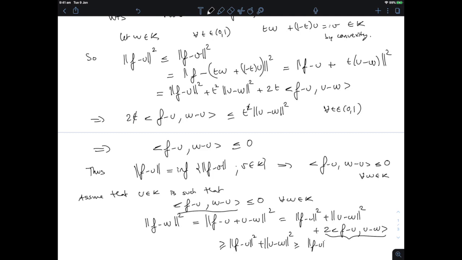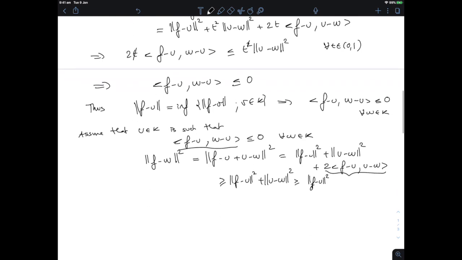But this whole thing is greater or equal than the norm of f minus u squared, and that is true for every element w in K. Therefore, the norm of f minus u has to be the smallest possible value of the norm of f minus v, the infimum, which actually is the minimum in that case, for v in K. And that completes the proof of the characterization of the projection onto the convex set in terms of these families of inequalities that we have here.